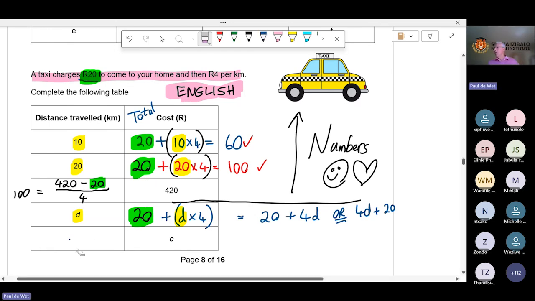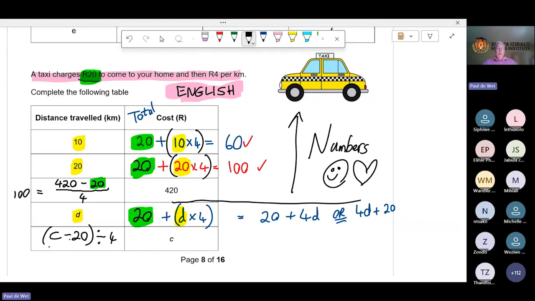What must we do first? We must subtract the 20 first. Okay. So guys, we're going to take the cost. We're going to minus 20, and then we're going to divide by 4.